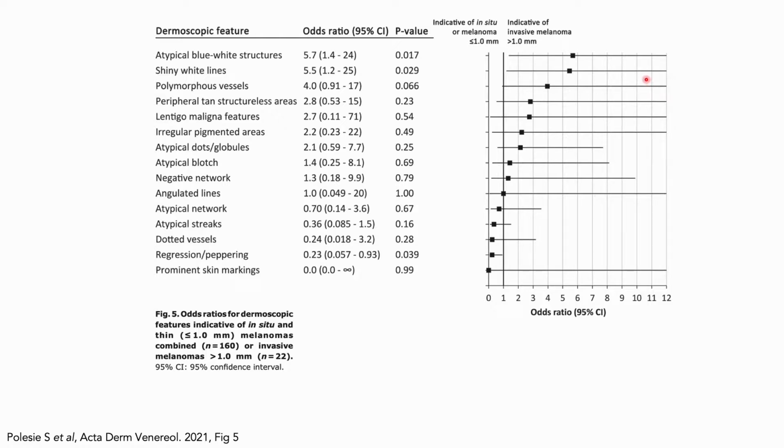However, when the in situ melanomas and the thin invasive melanomas, that is melanomas with a Breslow thickness below 1.0 millimeter, were merged into one group, atypical blue-white structures and shiny white lines were both indicative of invasive melanomas with a Breslow thickness of more than 1.0 millimeter, whereas regression and peppering was indicative of thinner lesions.